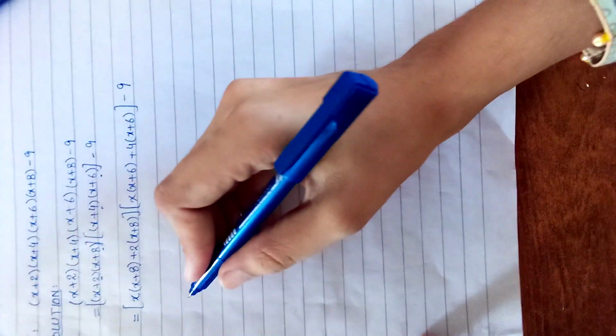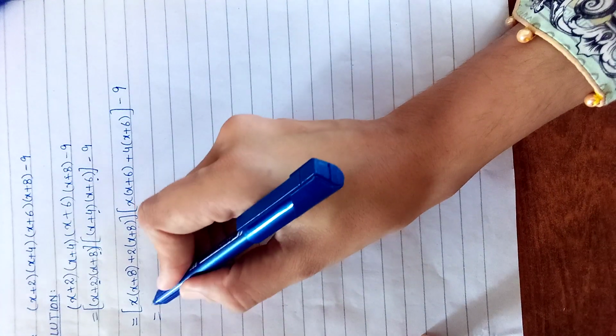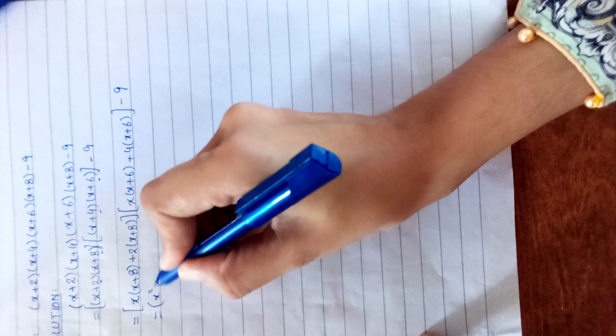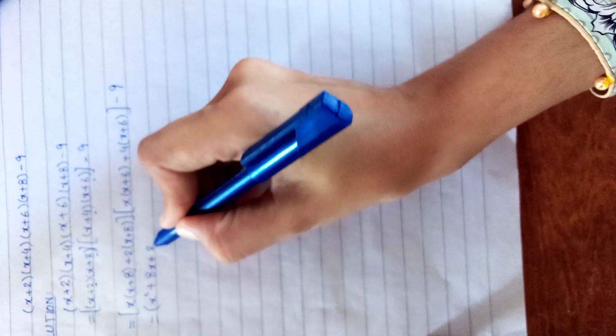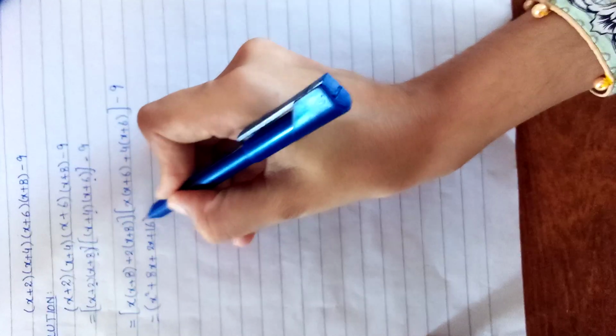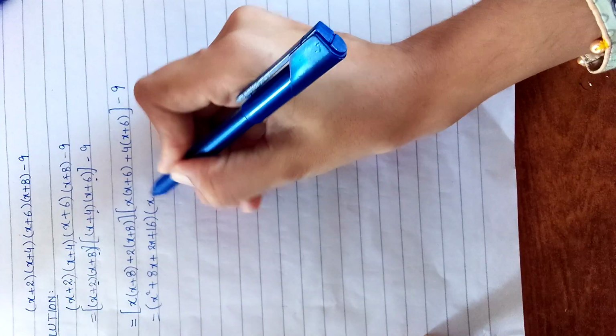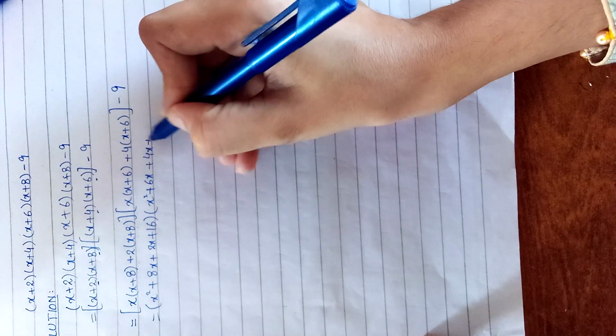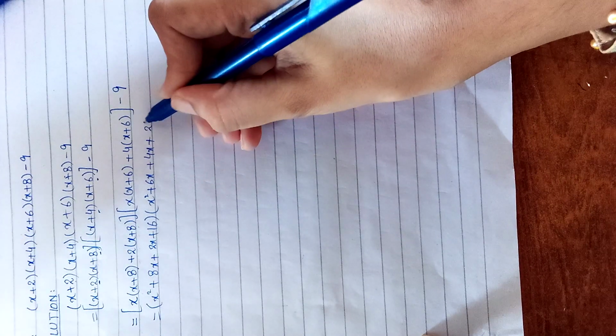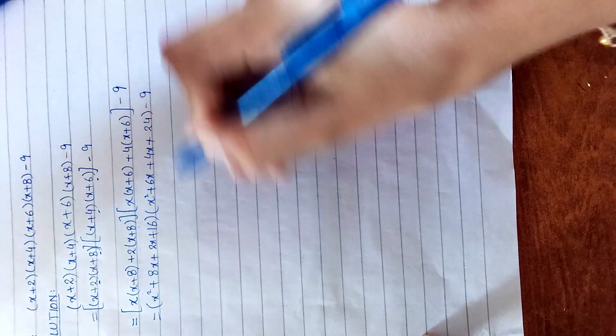Okay, now multiply it. So we will get x into x is x square, plus 8x plus 2x plus 16, and then x square plus 6x plus 4x plus 4 times 6 is 24, and then minus 9.